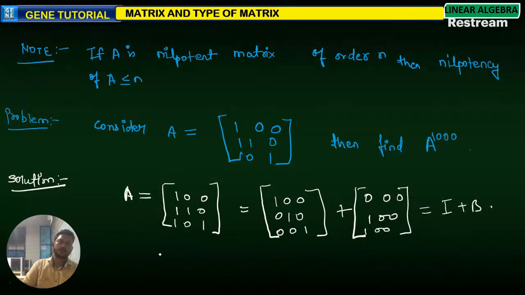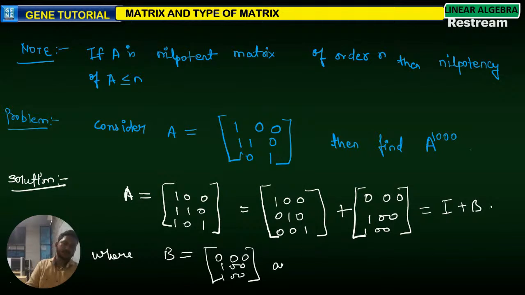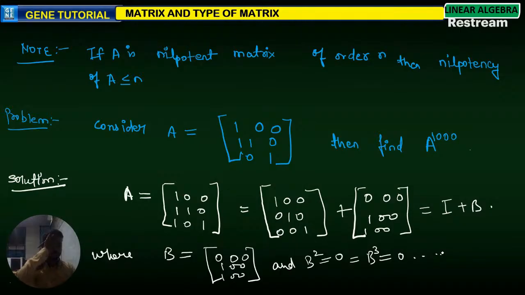Where B is equal to 0 0 0, 1 0 0, 1 0 0. Okay, and B squared must be equal to 0, which is equal to B cubed, also 0. These are the points for this.